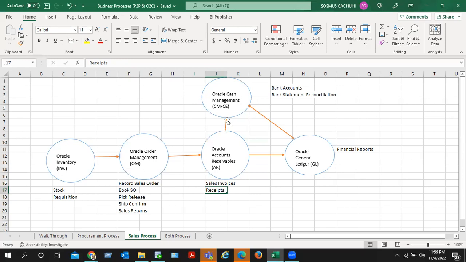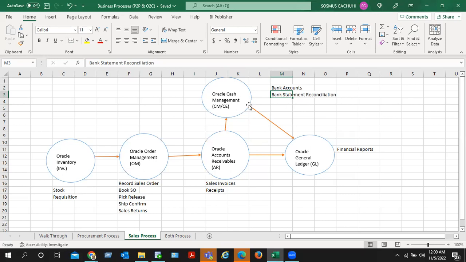After the receipt, money will be received in the organization bank account, and the cash management department will do bank accounts maintenance, so that money can hit the bank accounts, and also do bank reconciliation to confirm which payments have been received and which have not.